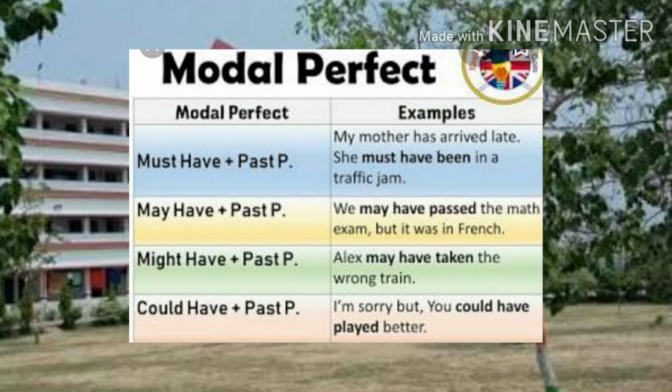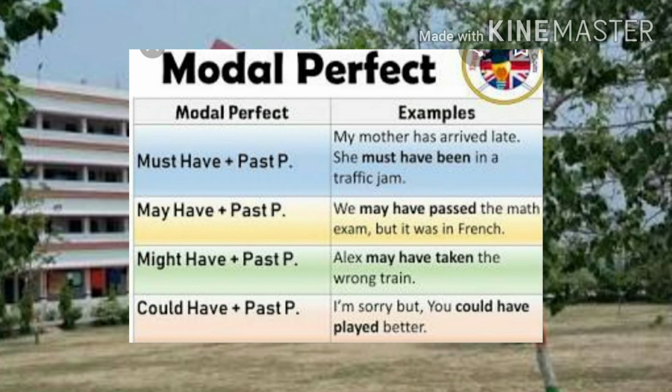Then there are modals which are used for perfect also. Modal perfect it is called. Must have plus past participle you can say. May have plus past P. Might have plus past P. For example, my mother has arrived late.